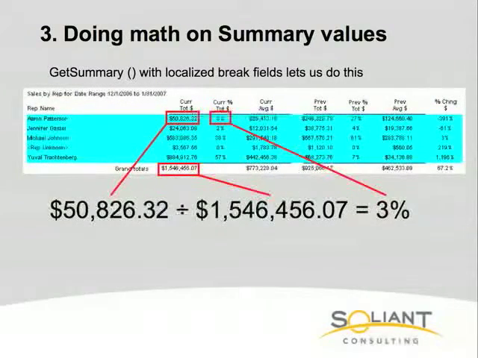So doing that, we are essentially doing this math here on the Aaron Patterson row, the Aaron Patterson sub summary. Slightly different from the previous example because now we're on the rep report again, but here on the break by rep rather than location, we're getting 50,000 divided by 1.5 million equals 3%.